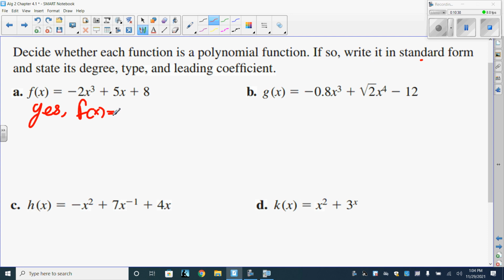Now we do need to write it in standard form. So the biggest exponent would go first and then decrease. Well, is this one already written in standard form? Yeah. So we can just rewrite it as is, because we do have x to the third, x to the first, and our constant term. The powers of the variables are decreasing from left to right.